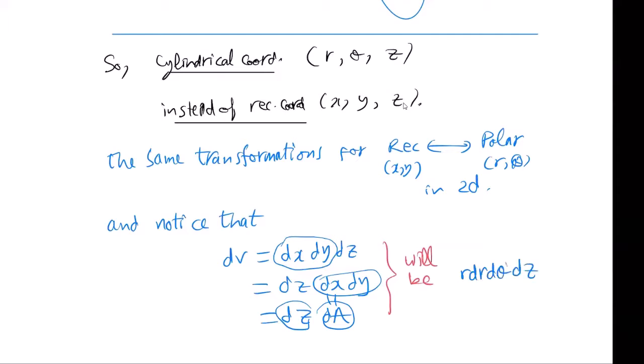This is the important transformation: r, dr, d theta instead of dx, dy, and dz is the same. It can be put at the beginning, or r, dz, dr, d theta, or in any other order.